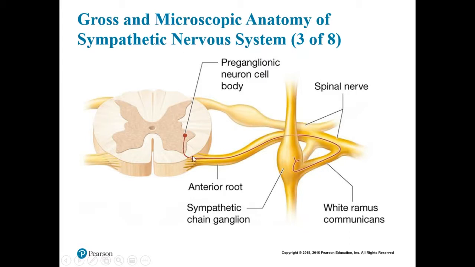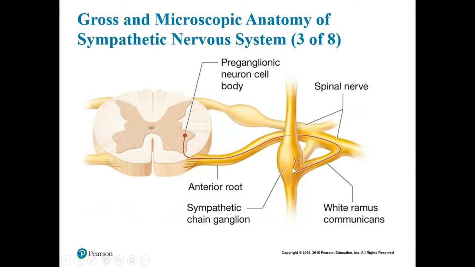From the spinal cord to the preganglionic neuron over to a ganglion, and then either up into another ganglion or from the same ganglion all the way down to the organ itself, right?